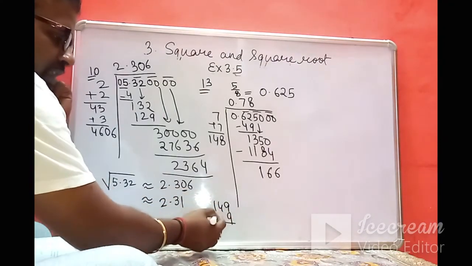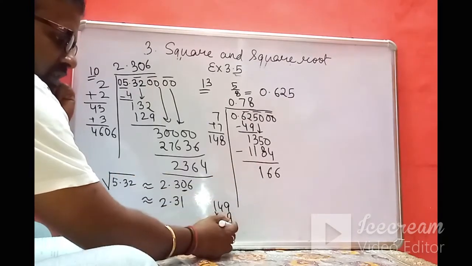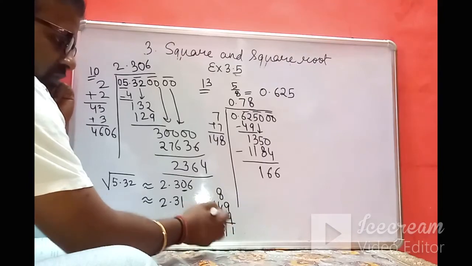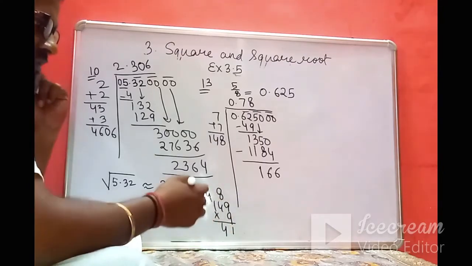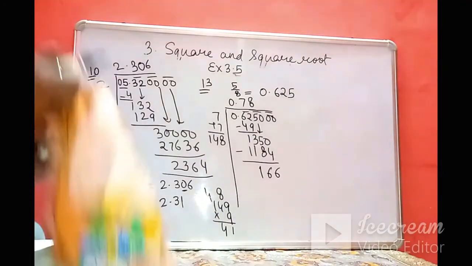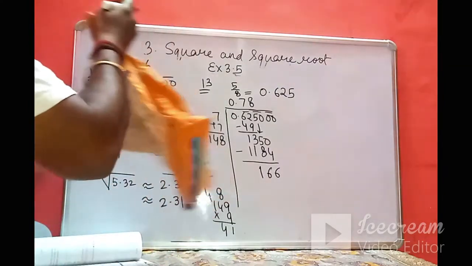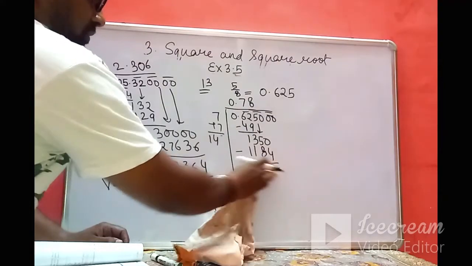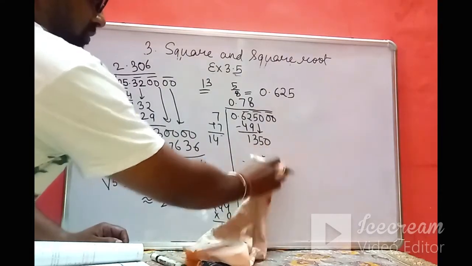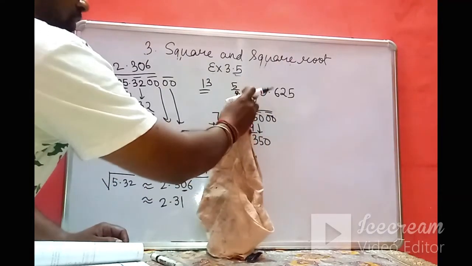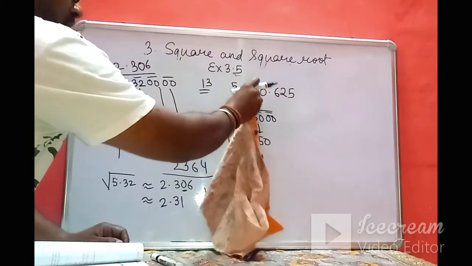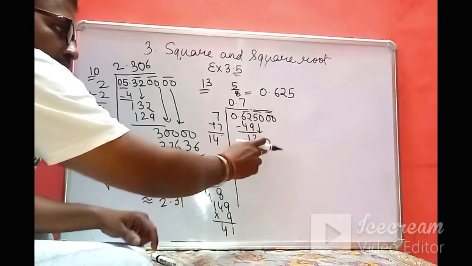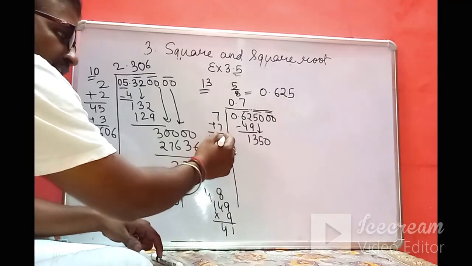Okay, let's check it for 9 because it is little bit smaller. So 81, 8, 36 and 8, 44. Okay, so instead of 8, we will take here 9. Now we got 14 here, so I will take 9 here.